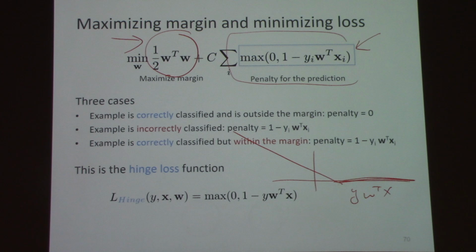This subgradient method is actually convenient for two reasons. One, they are easy to teach. I don't have to teach you optimization. I can just write down an algorithm and everyone can implement it.